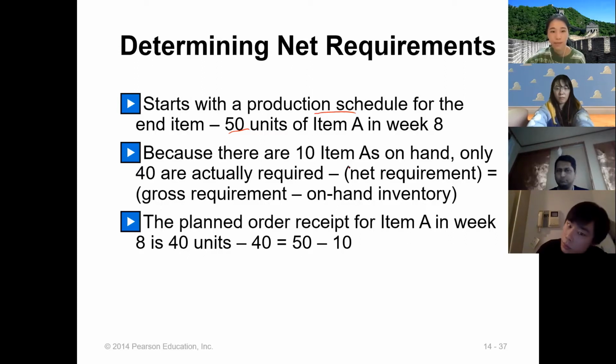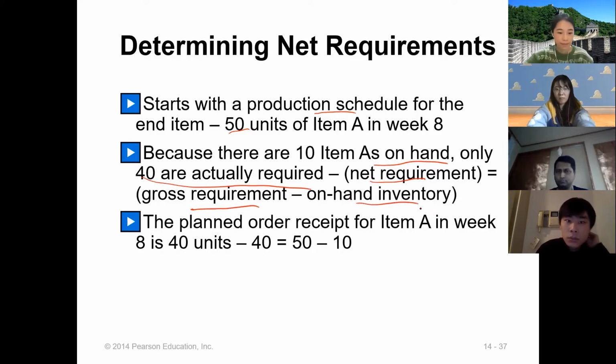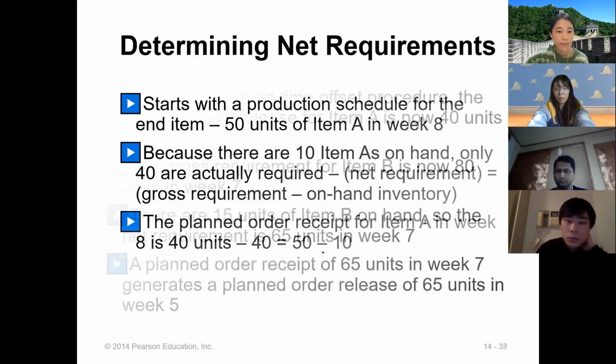So because there are 10 items on hand inventory, only 40 is actually required, which is the net requirement. Okay, so the formula is gross requirement minus on hand inventory. So the planned order received for item A in week 8 is 40 units, which is 50 minus 10.